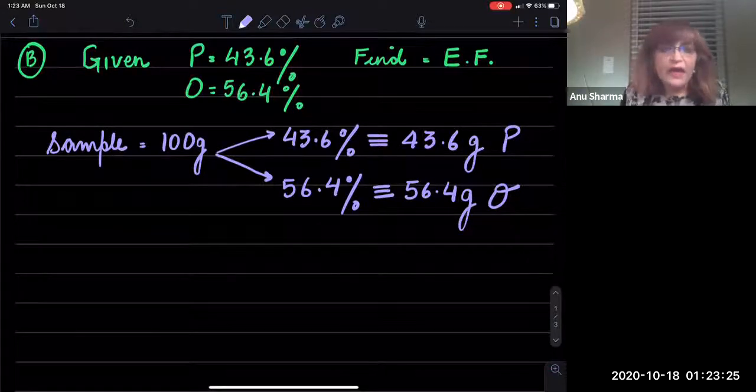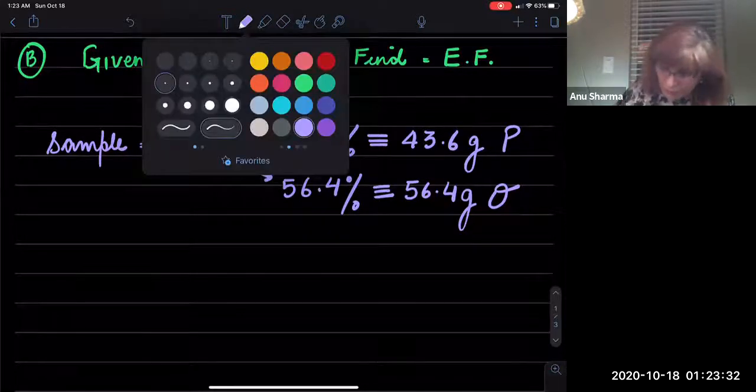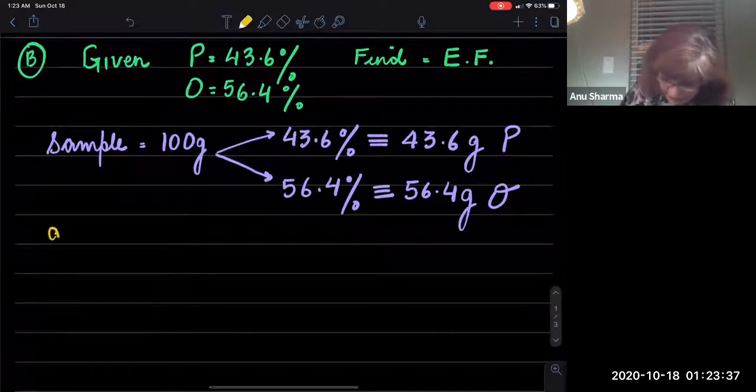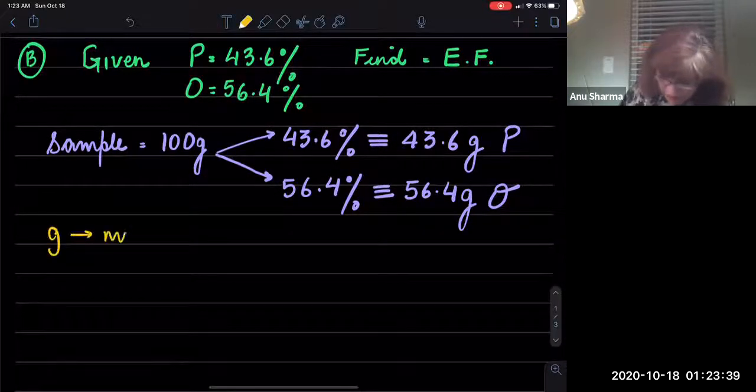Now the next thing, once we have these grams, is to convert them to moles. You take the grams and convert to moles.